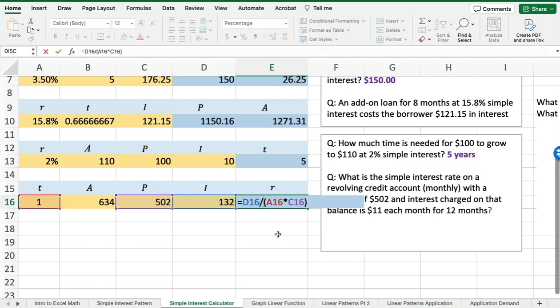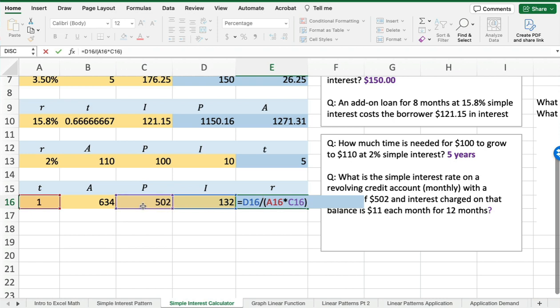The interest rate is equal to, again, it's going to be a division problem, just like time was. It's equal to D16, which is our interest, the amount of interest we paid, divided by principal times time. So equals D16 divided by A16 times C16 in this case.